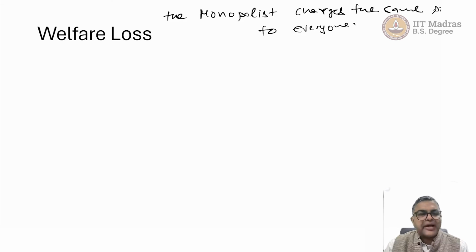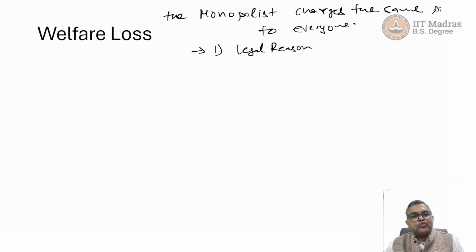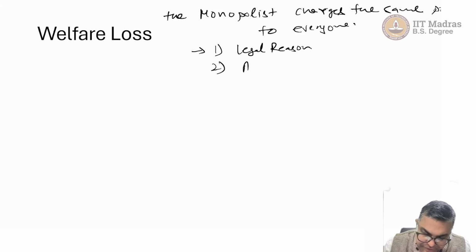The monopolist cannot do price discrimination, at least in this setting, for two reasons. One, the legal reason: you cannot sell the same item to different people at different prices. And second is arbitrage.